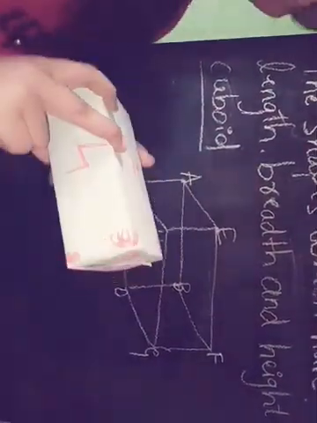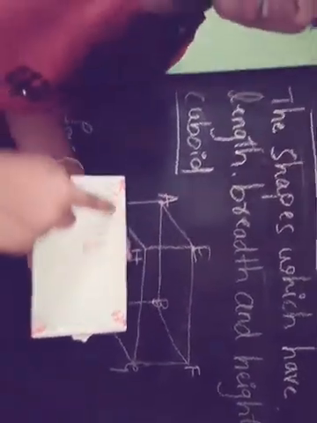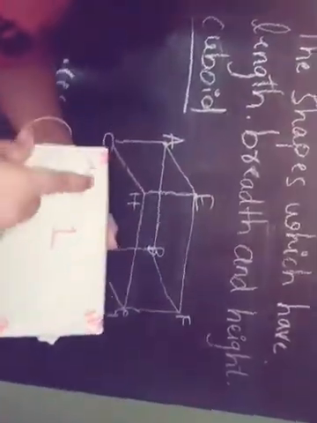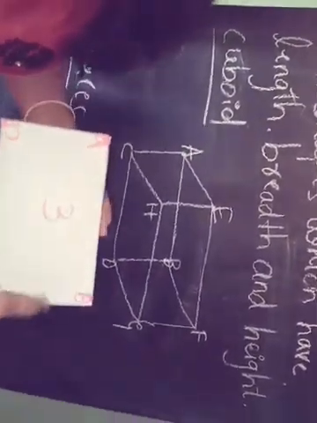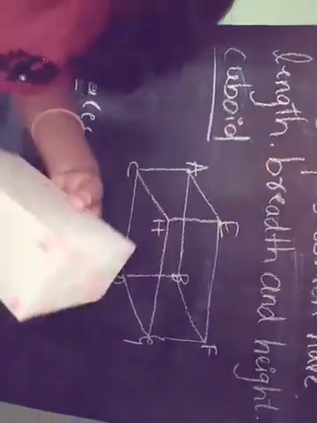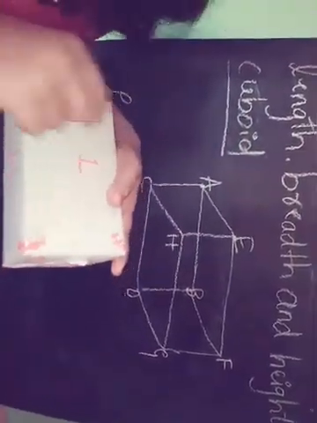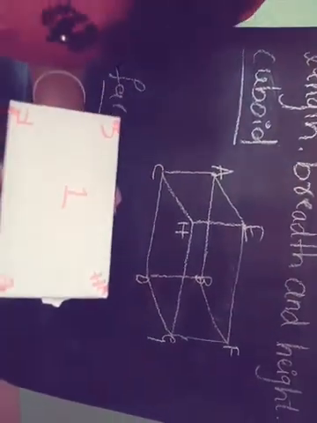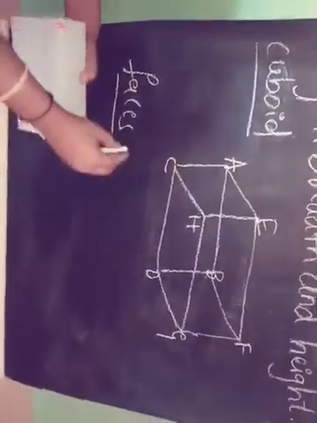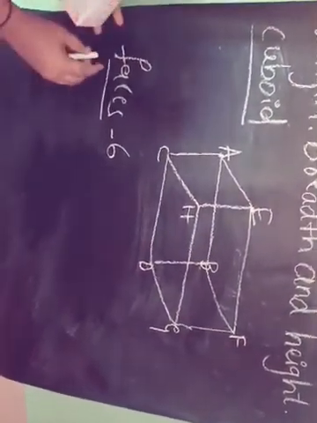You can also make a cuboid like this and color each face with different colors. You can easily find out how many faces it has. So here how many faces? 6 faces.